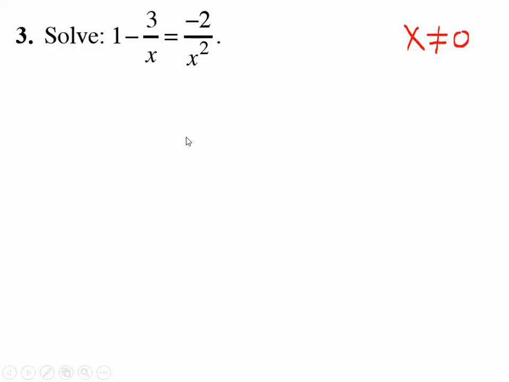Okay, next is what's my common denominator? X squared, yes. So I got x to the 1, I got x to the 2, and I need x to the 2 to become that common denominator. Right, let's multiply each of those things by x squared.